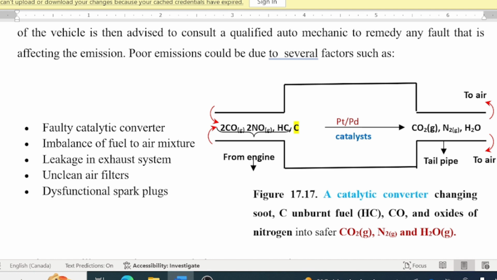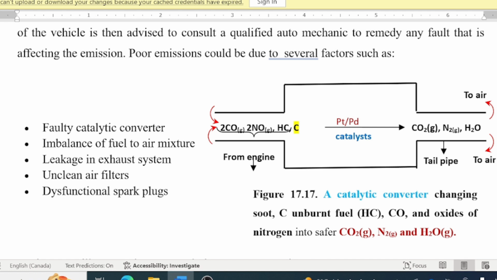After a number of months or weeks, depending on how often you drive your vehicle, these filters get blocked up, and it impedes the passage of the air through these filters, and that could cause the fuel not getting enough oxygen to burn. You could also have dysfunctional spark plugs.